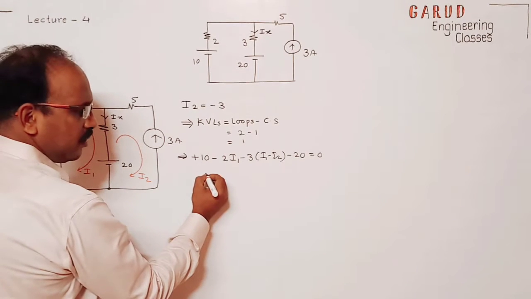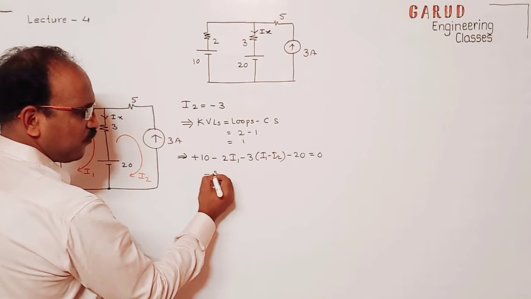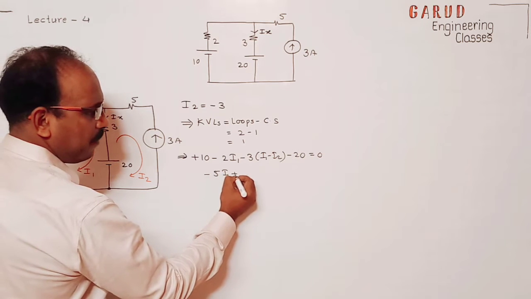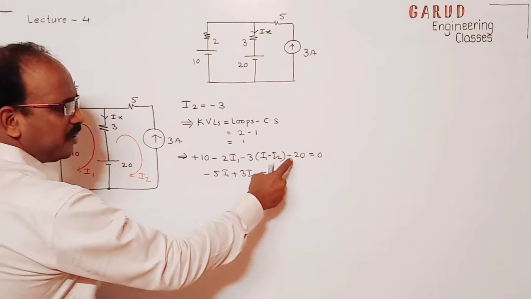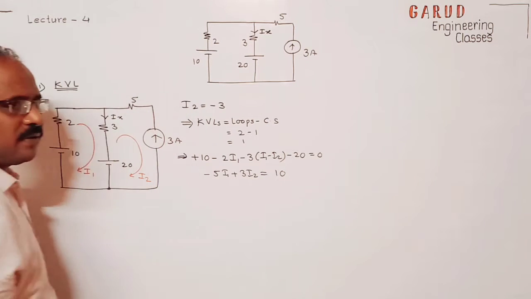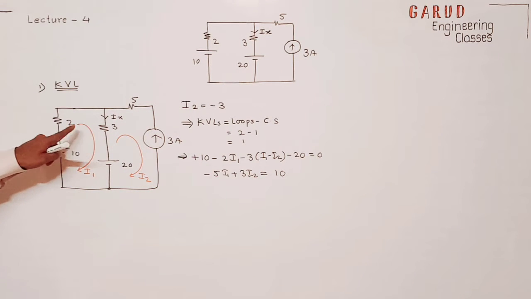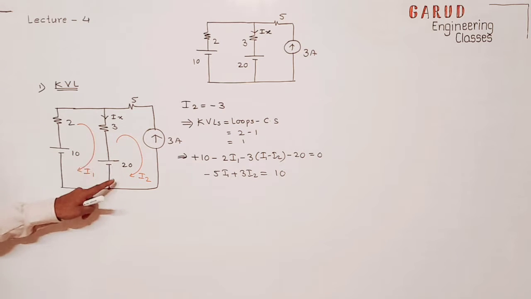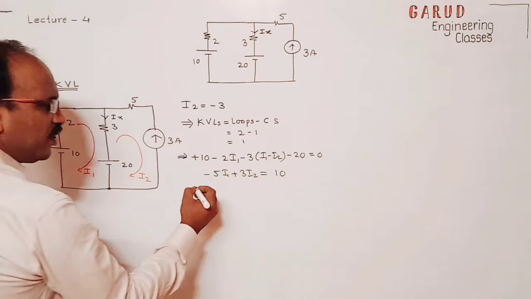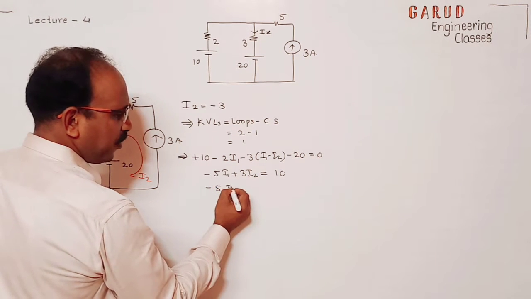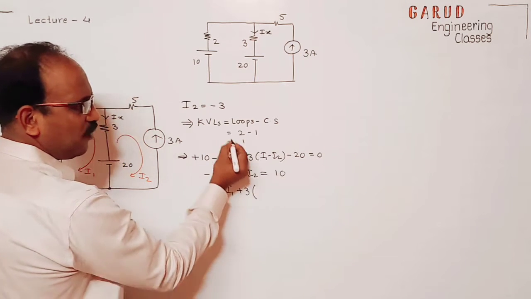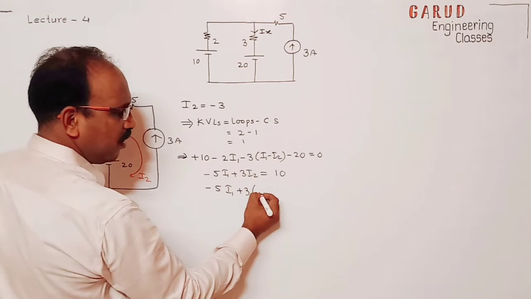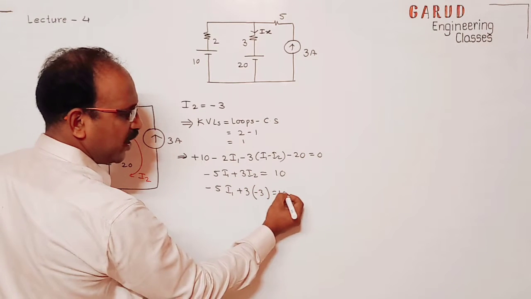Now collecting terms: minus 5 I1 plus 3 I2 equals, this is minus 10, so that side will be 10. But I2 is minus 3, so we substitute it here: minus 5 I1 plus 3 times minus 3 equals 10.